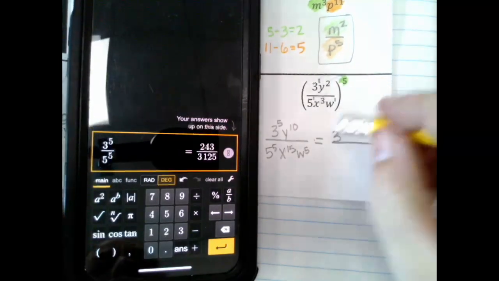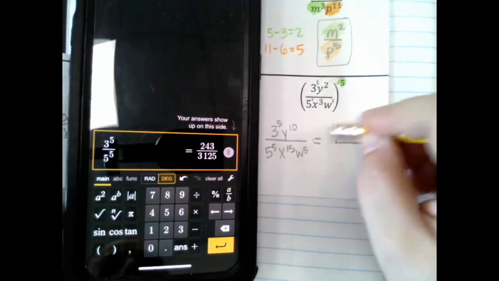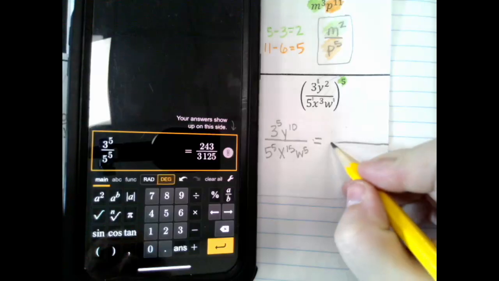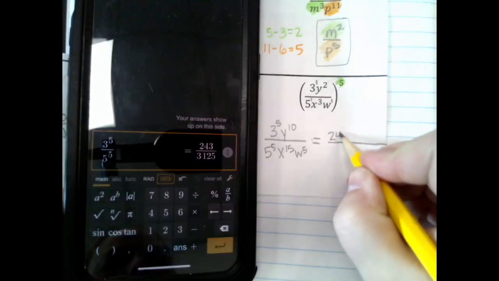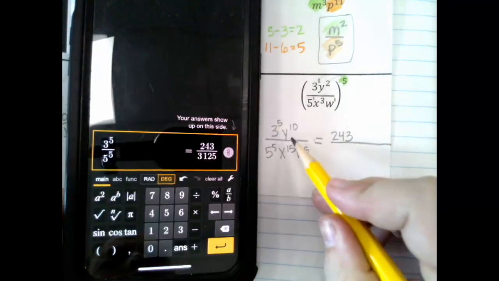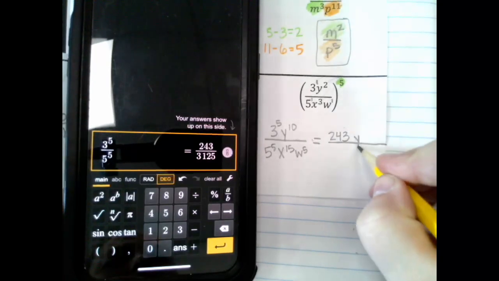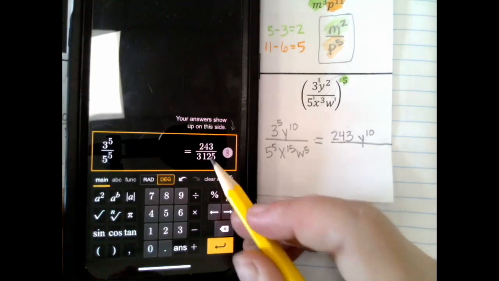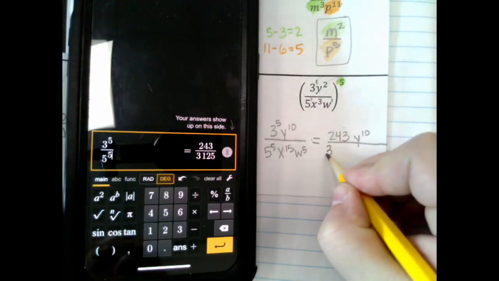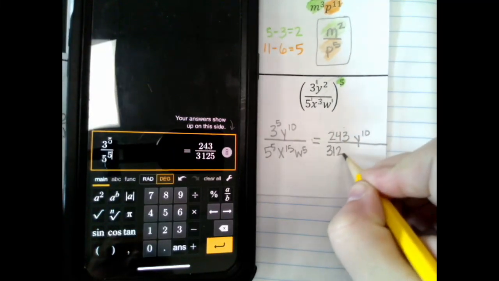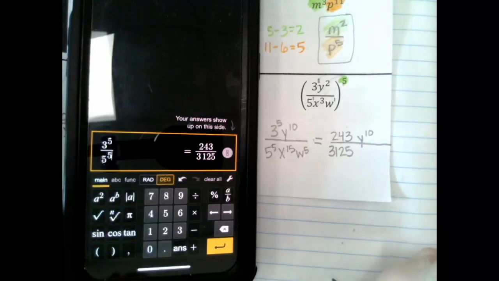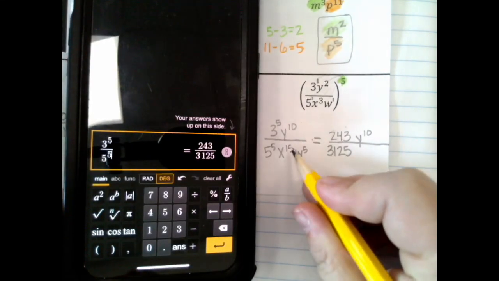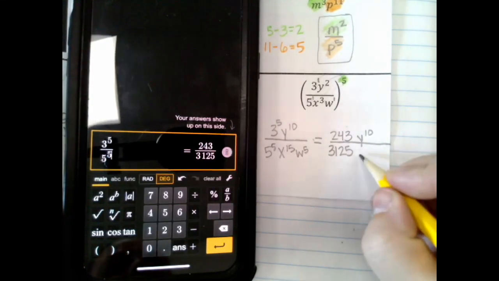So we have 243, apparently not writing numbers right today, in the numerator, along with this y to the 10th power. And in the denominator, we have 3,125 x to the 15th power, w to the 5th power.